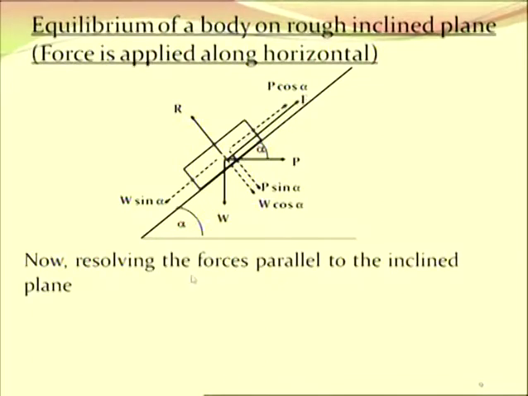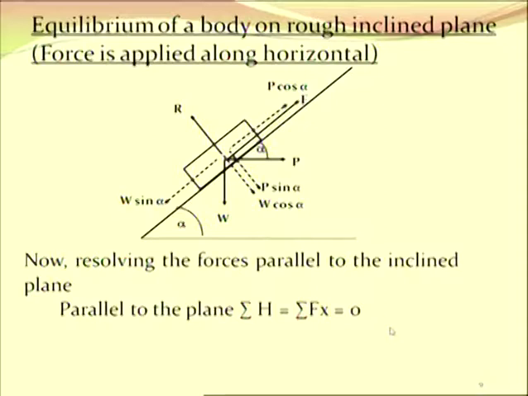Now resolving the forces parallel to the inclined plane. Parallel to the inclined plane, there are P cos alpha, which is towards the positive direction of x, F, which is towards the positive direction of x, and W sin alpha, which is in the negative direction of x. So P cos alpha and F are positive and W sin alpha is negative.